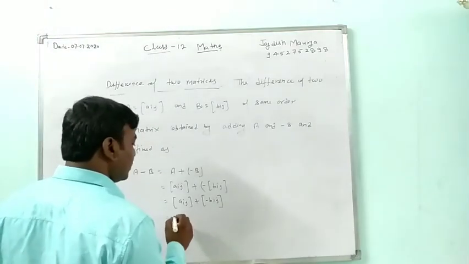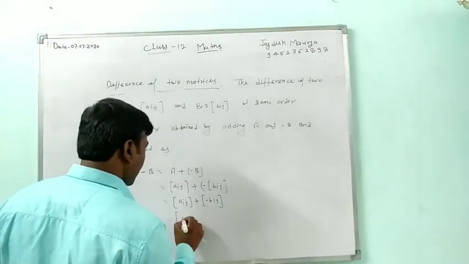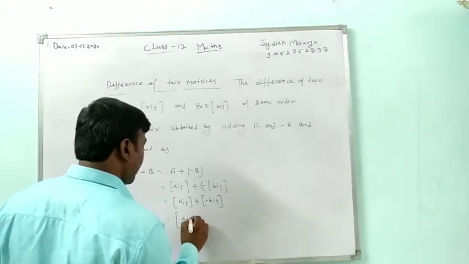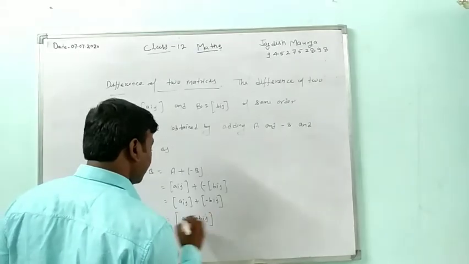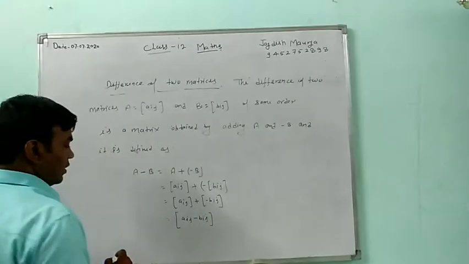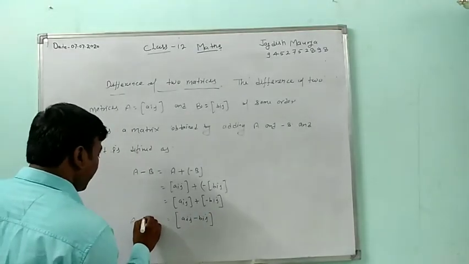This is equal to Aij minus Bij. This is A minus B.